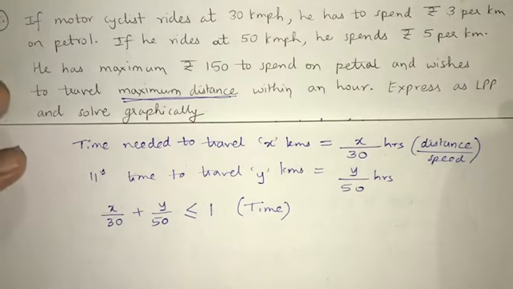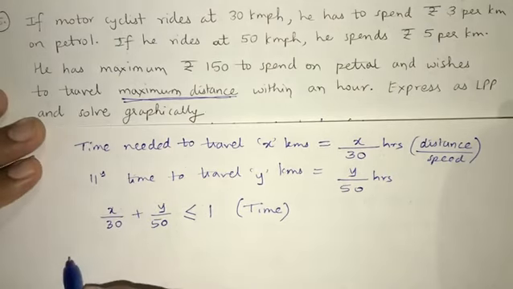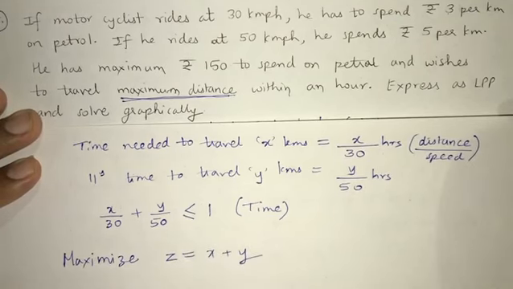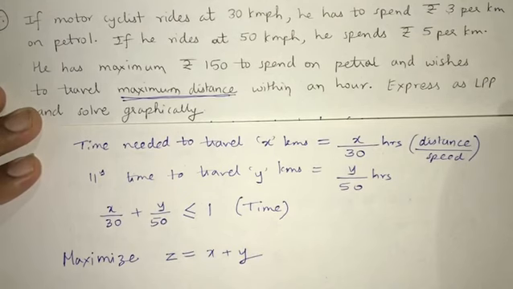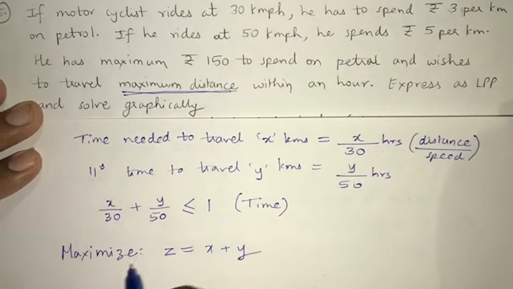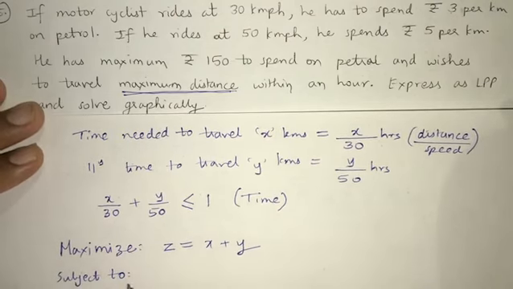The final problem looks like: maximize z equal to x plus y, where x is the kilometers traveled at the speed of 30 kilometers per hour and y is the kilometers covered at the speed of 50 kilometers per hour, subject to the constraints.